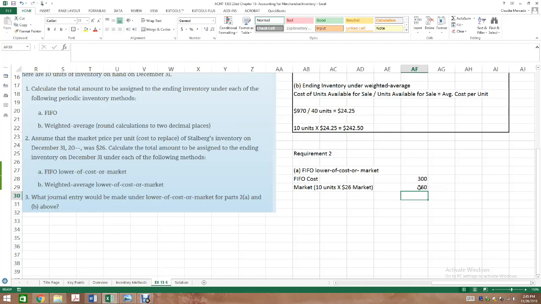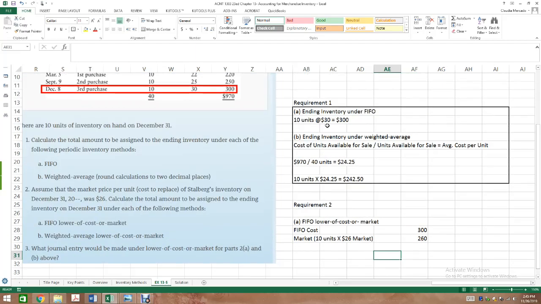Okay. So it asks you here, assume that the market price of the inventory is $26. Calculate the total amount to be assigned to the ending inventory under each of the following methods. So once you have your FIFO cost, which we calculated in requirement 1, you're going to compare it to your market price, which is the 10 units at $26.